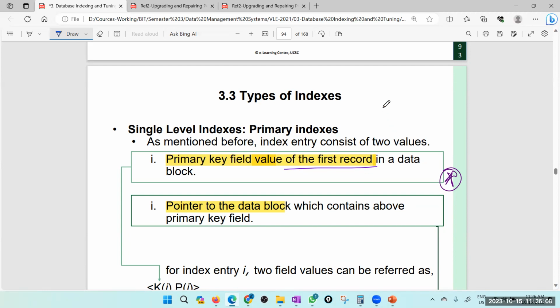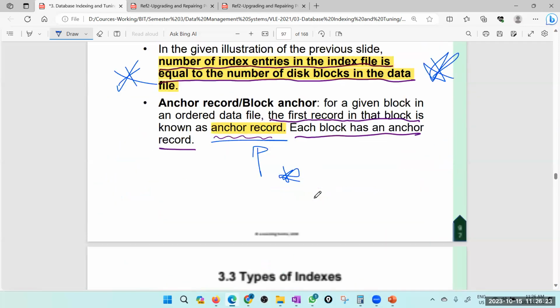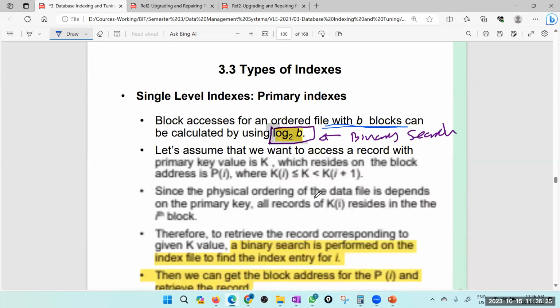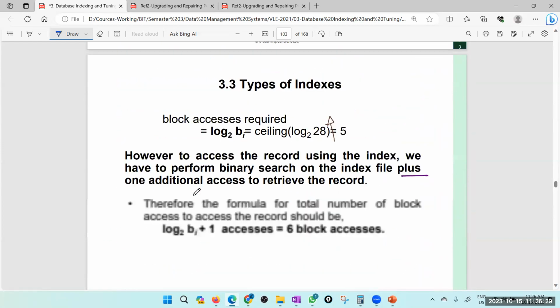Because first we have to find the particular block in the secondary index, and then you have to go to the primary data file. So there are some calculations we have to do. It needs a little more time for you to understand that, and we will look at those things. And again, the block factor and those things are there.